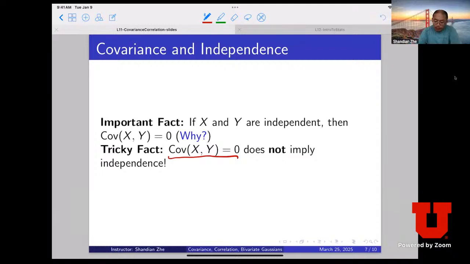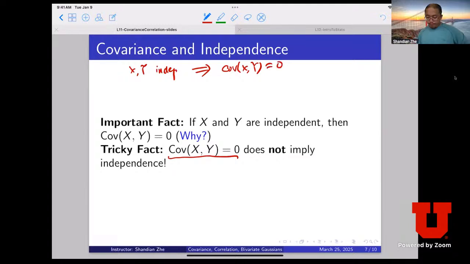one tricky fact everyone should be aware of. If you get zero covariance, it doesn't mean x and y are independent. You see that if x and y are independent to each other, you can directly arrive at the conclusion that the covariance of x and y is simply zero.